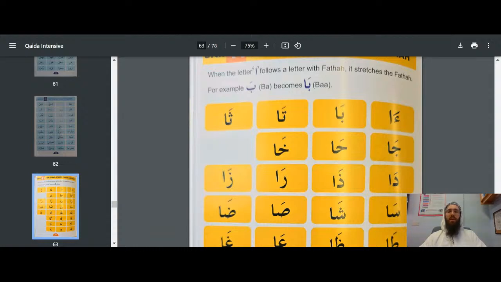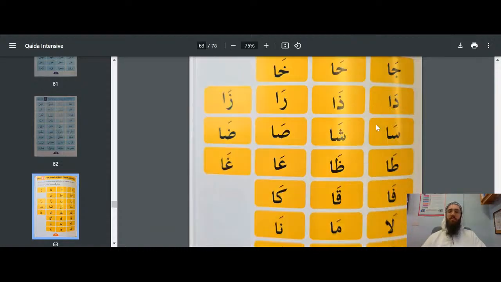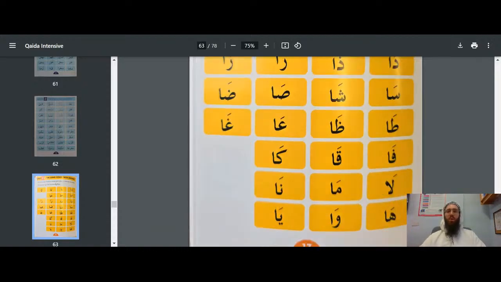Ba, ta, fa, ja, ha, kha, da, tha, ra, za, sa, sha, sa, da, ta, dha, a, gha, fa, qa, ka, la, ma, na, ha, wa, ya.